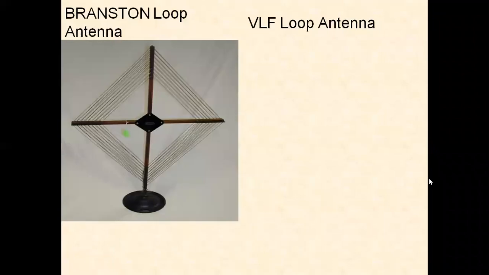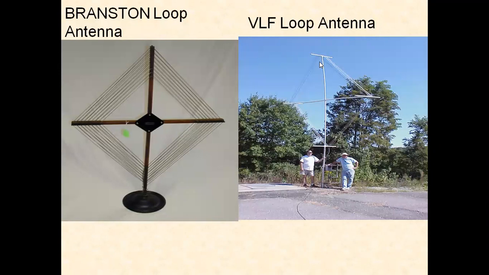Then the Brandstone loop antenna. A number of loop antennas are connected to a support. Very low frequency loop antenna. For VLF, the size of the loop is very high. It is capable of receiving very low frequencies.